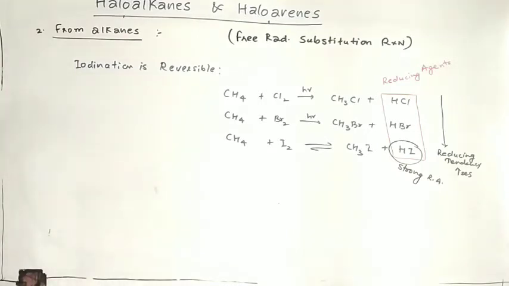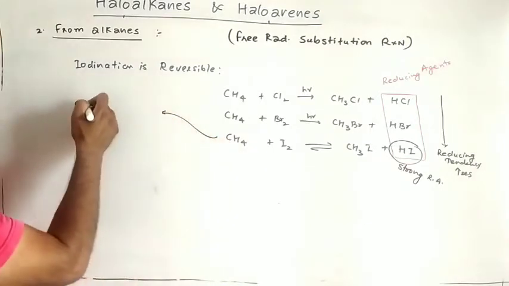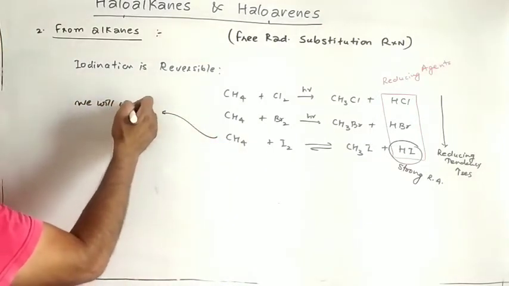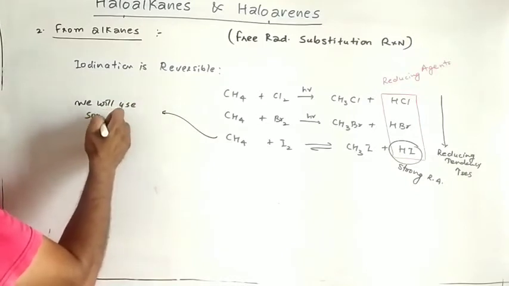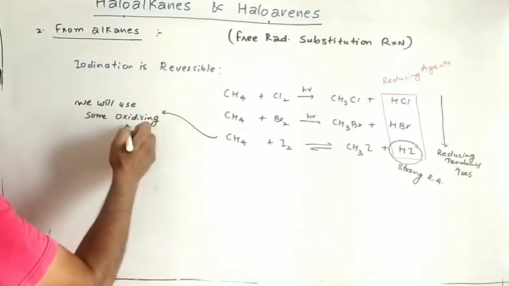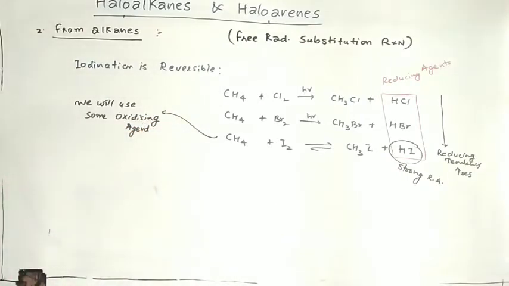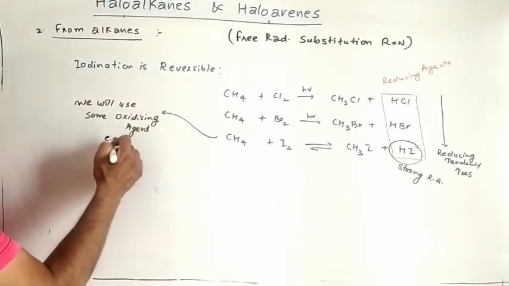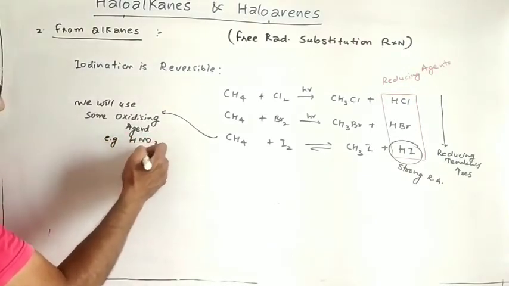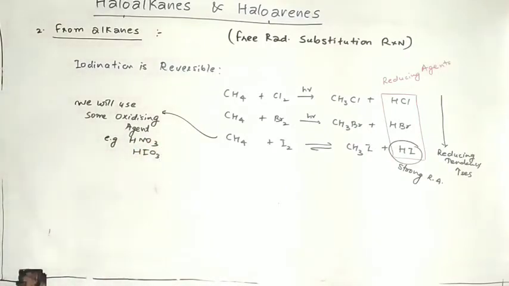So what to do? The alternate is that we will use some oxidizing agent. During this reaction, we will use some oxidizing agent like HNO3, HIO3, iodic acid, nitric acid.